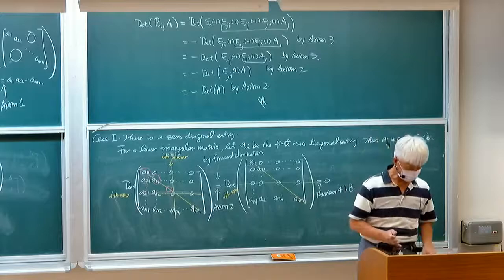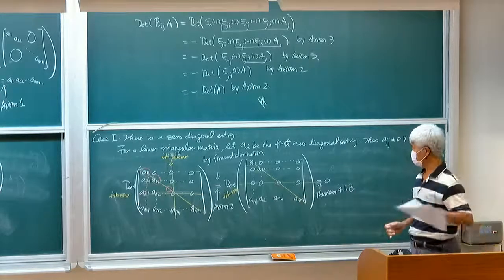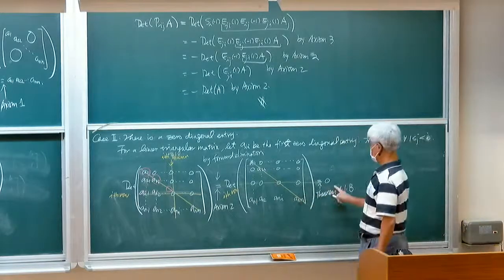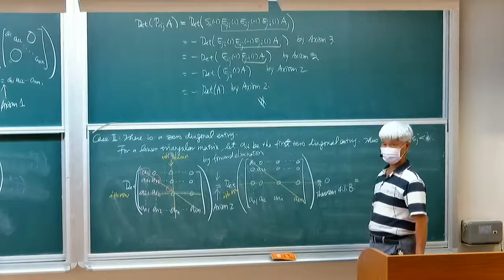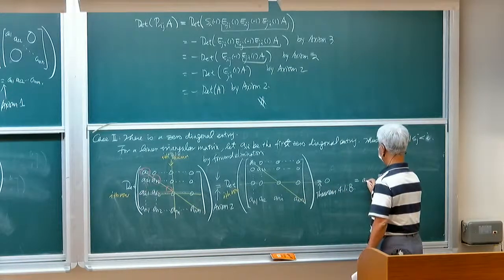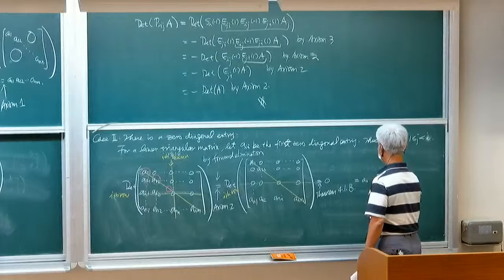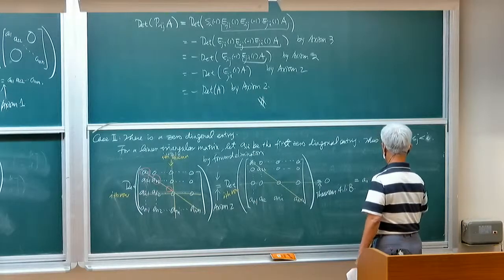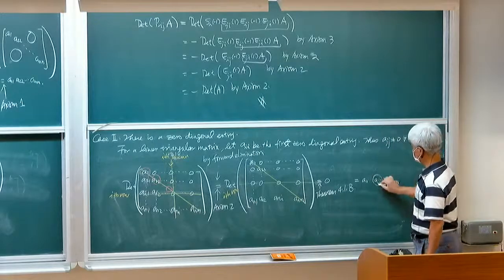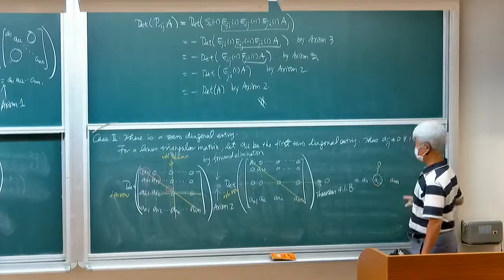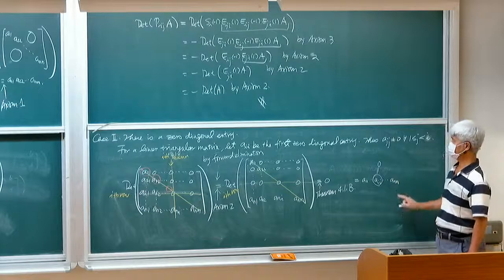My time is, I have a couple of minutes. Anyway, so this is 0. And then this is a_11 up to a_ii up to a_nn, right? Because this is 0, the product of the diagonal entries is 0.